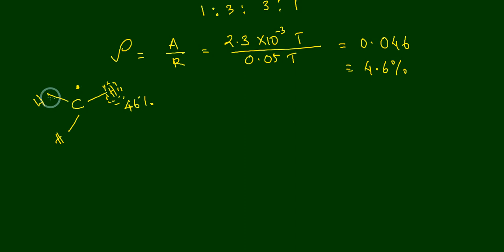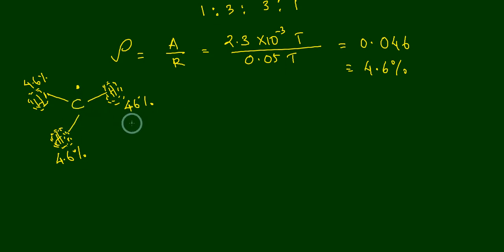And if you are observing the density of this radical electron at the other hydrogen, that will also be equal to 4.6 percent. The same for the third hydrogen: the radical electron density there will also be 4.6 percent. The remaining electron density will be on the carbon.